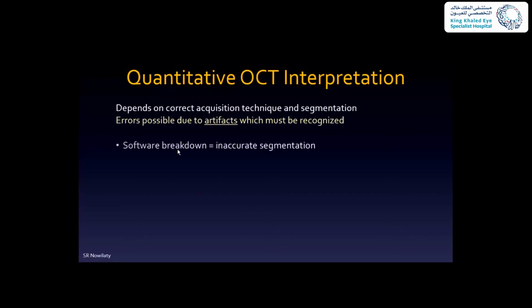These are software breakdown, that means the machine did not put the segmentation accurately; or misalignment; or blink artifacts, if patients don't fixate and blink during the test, or if they move during the test; or a mirror artifact, when the focus is not placed correctly on the retina; or out of range, when the operator takes a volume scan in which some areas are not computed; or sometimes shadowing. Let's look at these one by one.